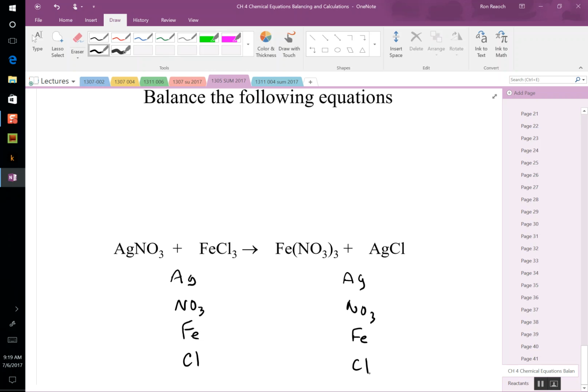I can't always do that. I could give you examples where you start out with a nitrate and you get nitrogen gas and oxygen. So you can't always do this, but I take a look at this. I see nitrate on the left, I see nitrate on the right. I could just keep it that way. So I have 1 silver, I have 1 nitrate, I have 1 iron, 3 chlorides. 1 silver, 3 nitrates, 1 iron, and 1 chloride.